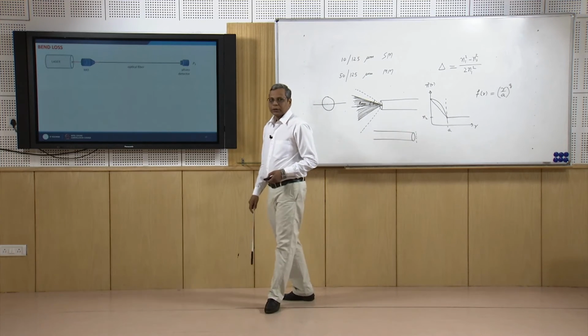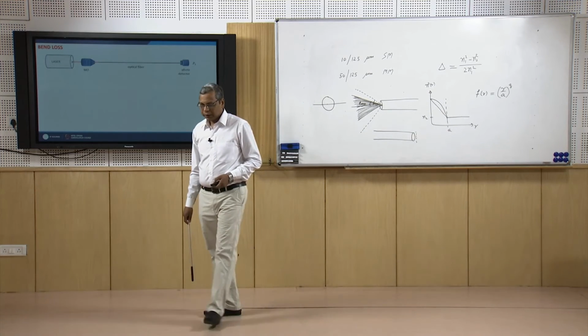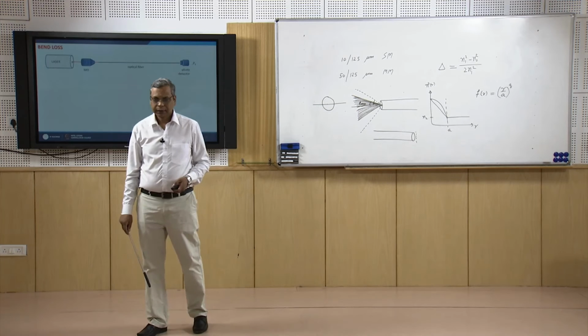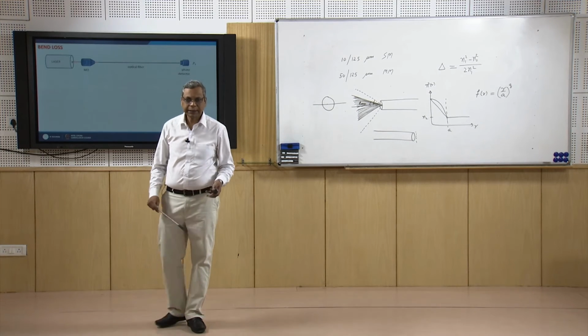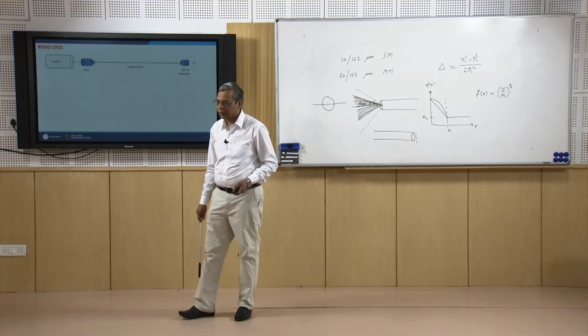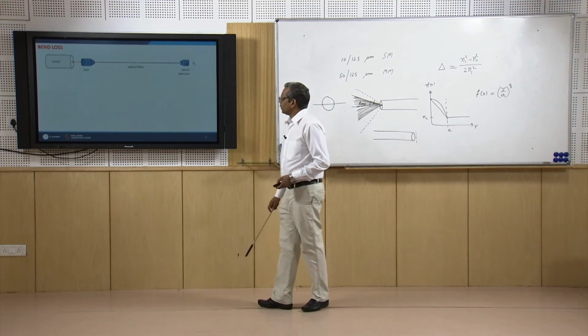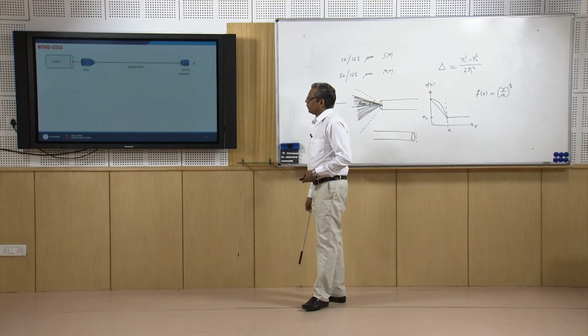Then what is the bend loss? Because when you install this fiber in the field, you have instances where you need to bend the fiber. So, it is important to find out the bend loss of the fiber also.